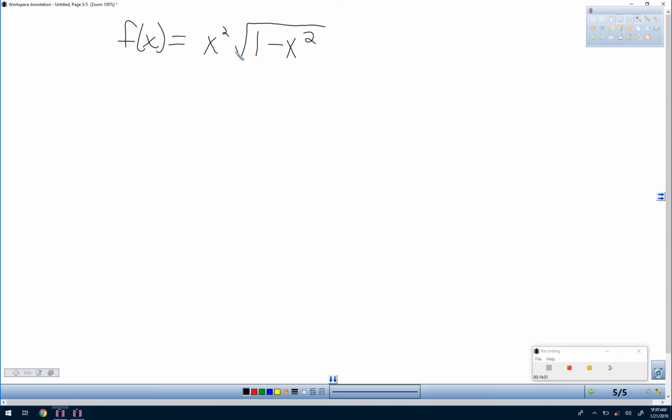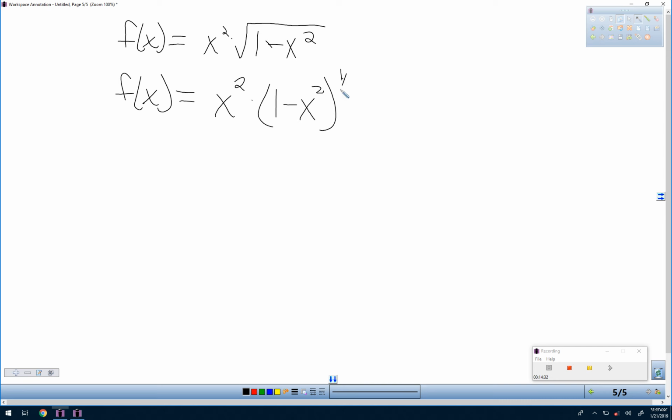I will have to use the product rule because notice that I have this function x squared times this function, which is the square root of 1 minus x squared. And remember, I have no rule for the derivative of a radical, so I'm just going to rewrite that as a power, so I can use the power rule. So x squared, and then times the quantity 1 minus x squared to the 1/2.